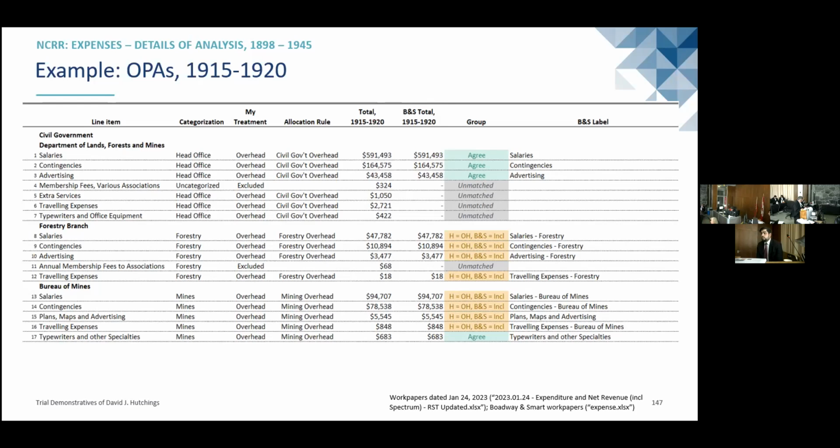So when we read the words Bodway and Smart included, it's 100% included. That's correct. And mine is overhead. The percent included in my overhead will be some number less than 100. Your fraction. My fraction, exactly.